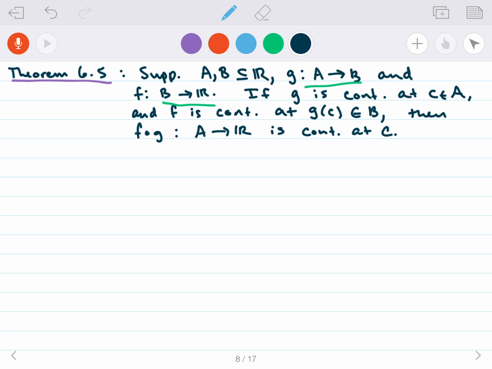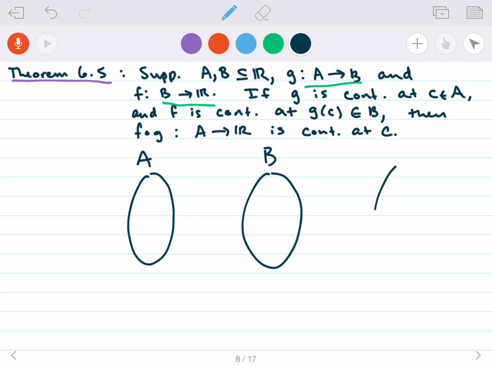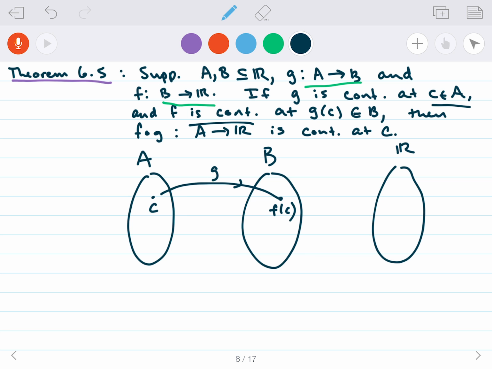Okay, so let's draw a quick picture of what this theorem is saying. Here we have A, and here we have B and R. So we have g going from A to B. Let's say it's continuous at c in A. So here's c. And if I apply g to it, this is going to be g of c. So it says g is continuous at c, and f is continuous at g of c.